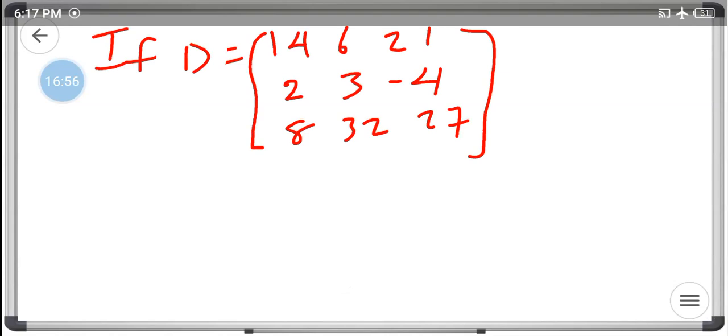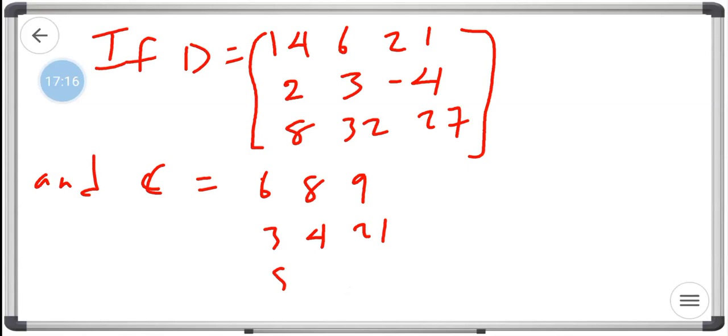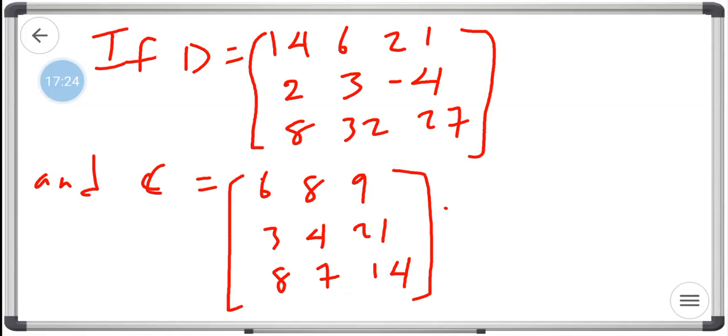That's matrix D. And matrix C equals 6, 8, 9, 3, 4, 21, 8, 7, 14. Now evaluate D minus C.